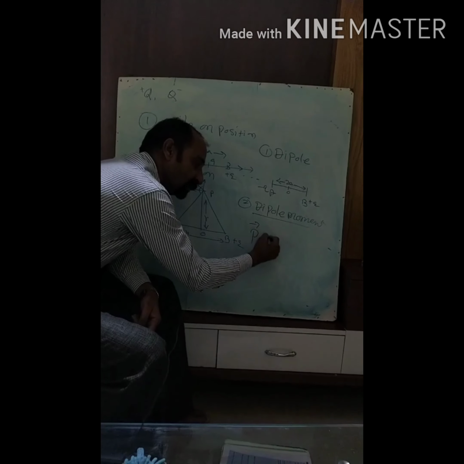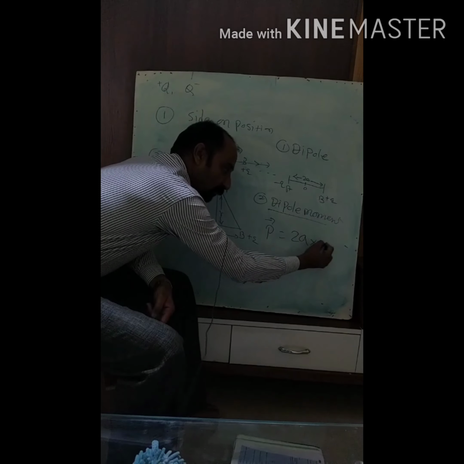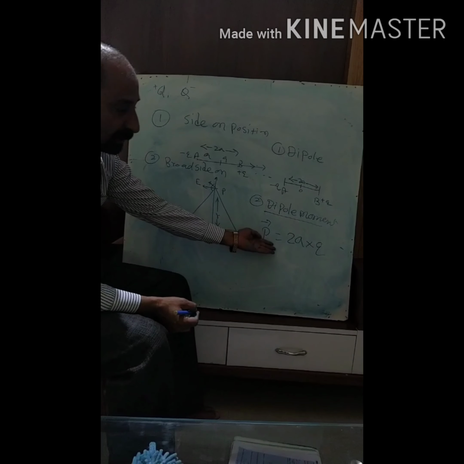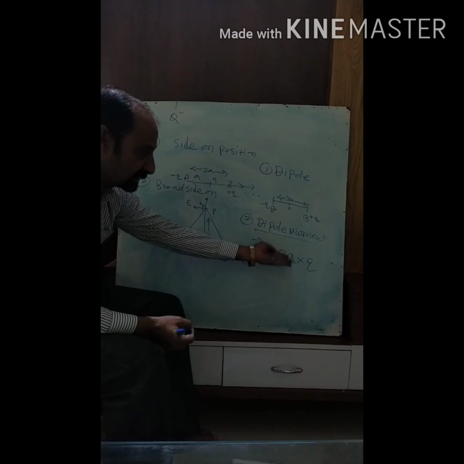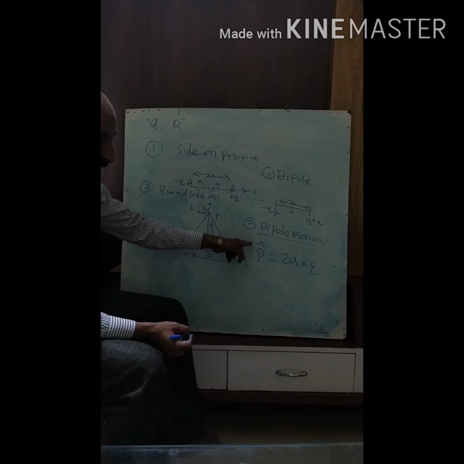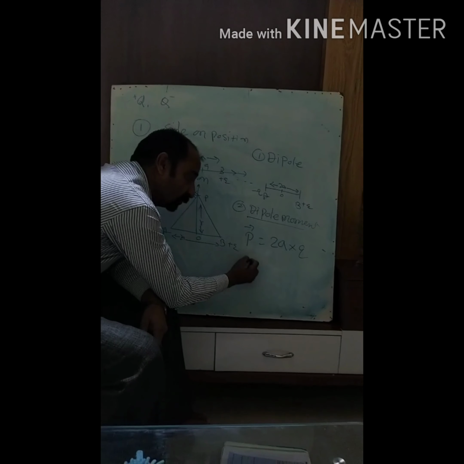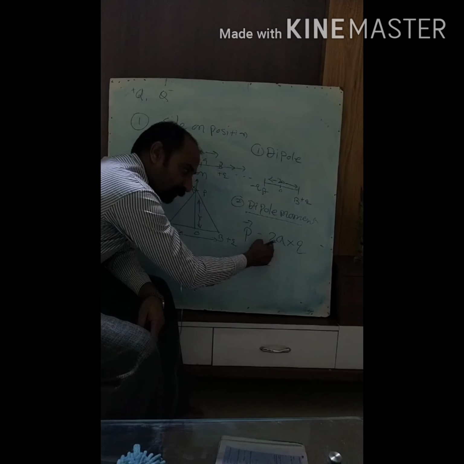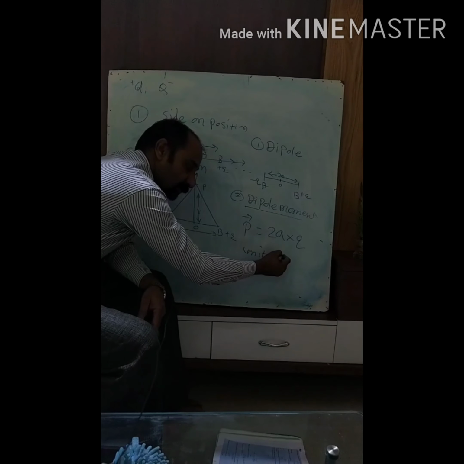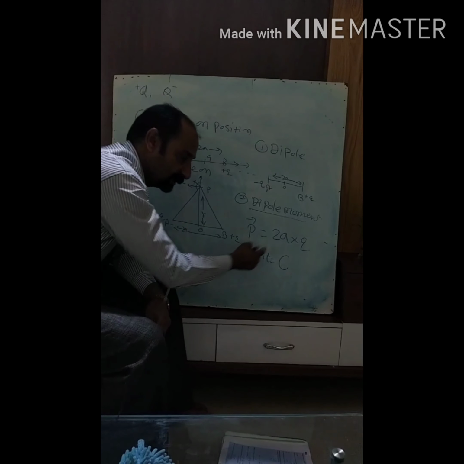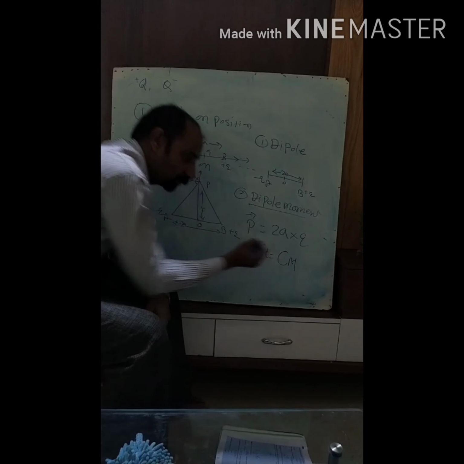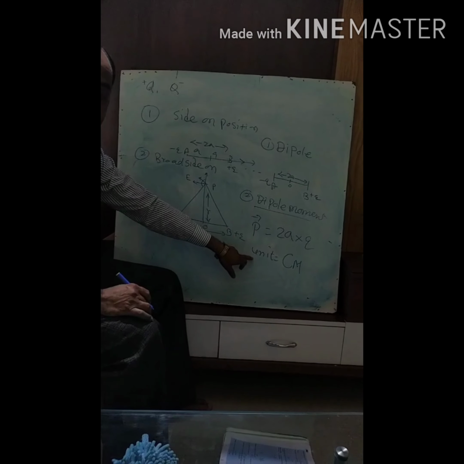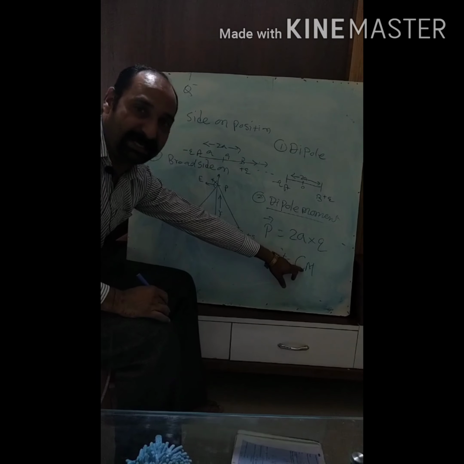So P is equal to 2A into Q. Just as we have seen, the product of small distance and charge, or charge and small distance, is called the dipole moment. It is represented by P. Its unit: this is a length, so meter, and this is a charge, so Coulomb. This physical quantity has the unit Cm.